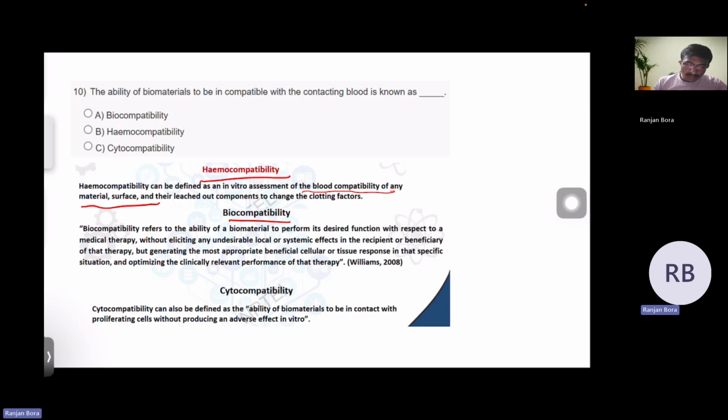Cytocompatibility can be defined as the ability of biomaterials to be in contact with proliferating cells without producing an adverse effect in vitro. So from these three definitions, hemocompatibility means the ability of biomaterials to be compatible with the contacting blood. Okay, so option B is correct.